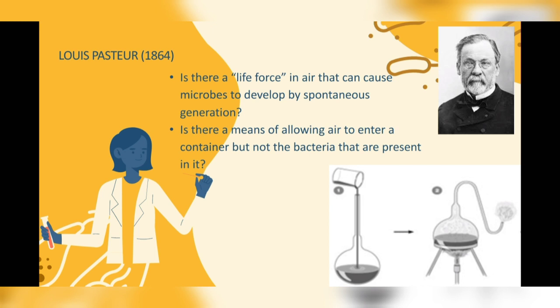The other flask, however, trapped germs in its curved neck, preventing them from reaching the broth, which never changed color or became cloudy. So the conclusion for this experiment of Louis Pasteur is that germs come from other germs and do not spontaneously generate.